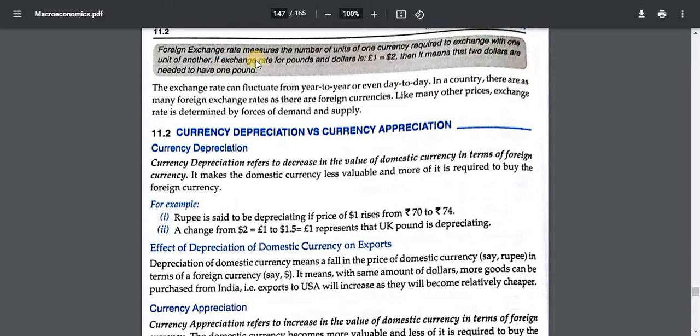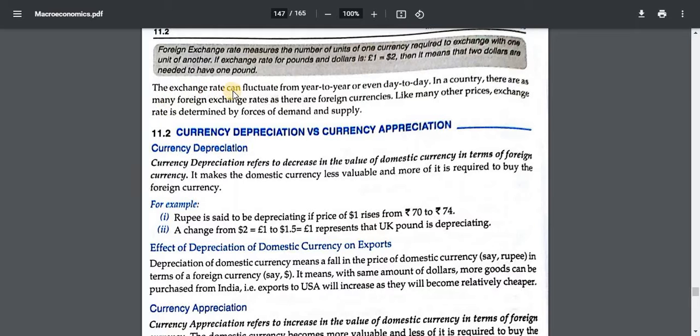Foreign exchange rate measures the number of units of one currency required to exchange with one unit of another. If exchange rate for pound and dollars is pound 1 equals $2, then it means that $2 are needed to have 1 pound.